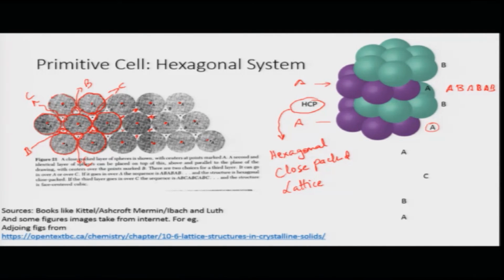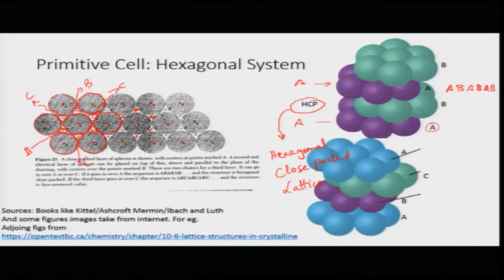Now, as you might have guessed, I can make a layer by putting points over B. I can make a 3rd layer by putting points over C and then point A. So, I can create layering where I have the A layer, I have these balls which are put over the B layer, and I have balls which are put over the C layer, and then again I repeat over the A layer.